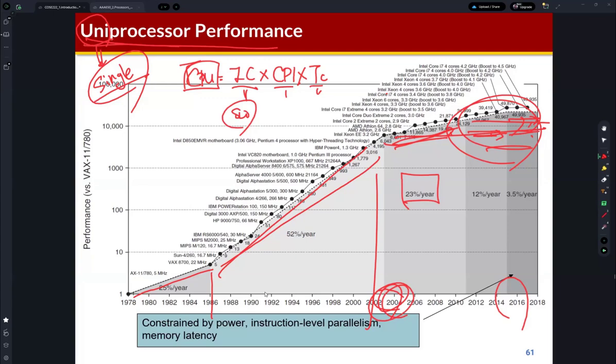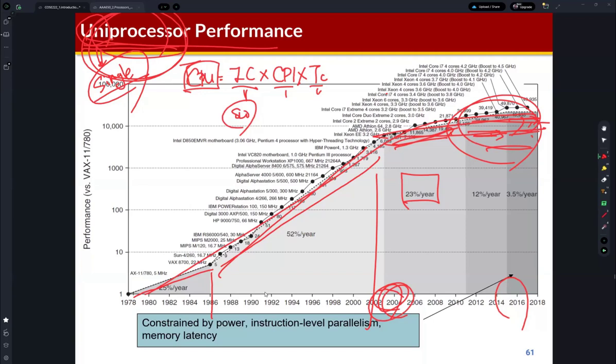This graph shows the performance of uniprocessor. When we mention the performance of uniprocessor, it represents the CPU latency, so CPU time, actually the inverse of CPU time, right?